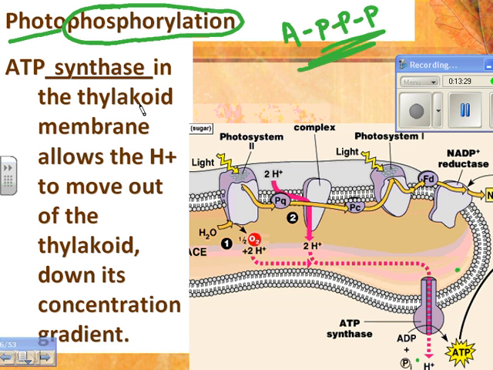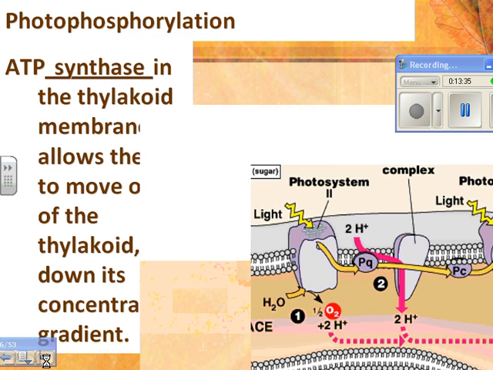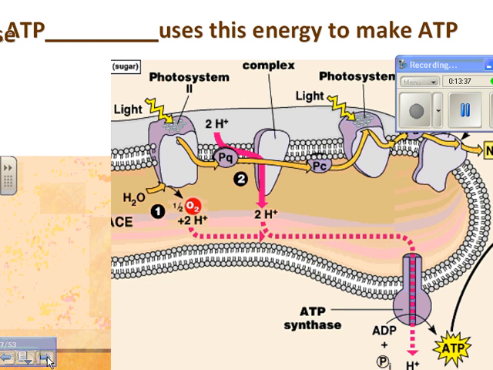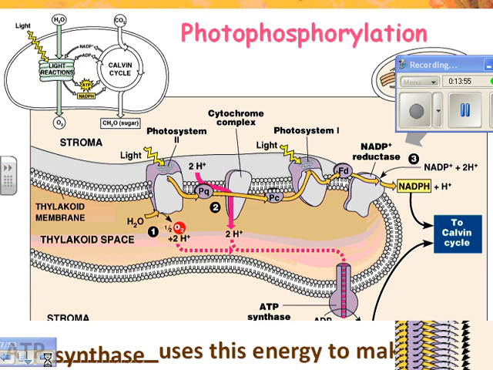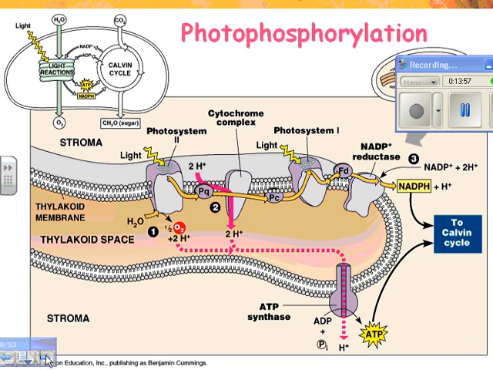So ATP synthase in the thylakoid membrane allows the hydrogens to move out of the thylakoid down their concentration gradient, and that same enzyme uses this energy to make ATP. You have all those hydrogens in here. When they come out from high to low concentration, they release their potential energy that moves this enzyme just enough to shove these 2 things together to make ATP. And that's photophosphorylation.